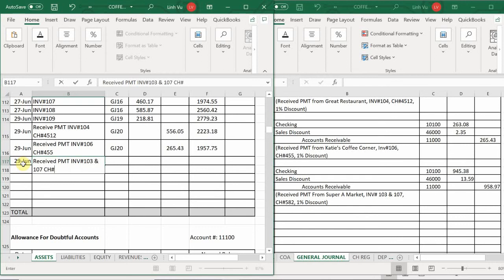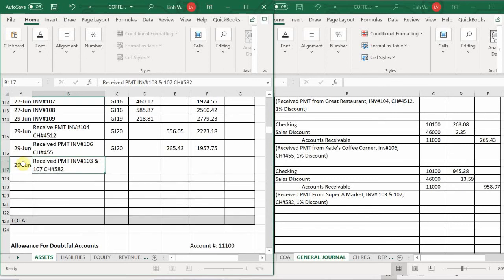Okay, check number 582. General Journal 20, and this time we're going to subtract 958.97, okay? Which is going to bring my accounts receivable all the way down to $998.78.